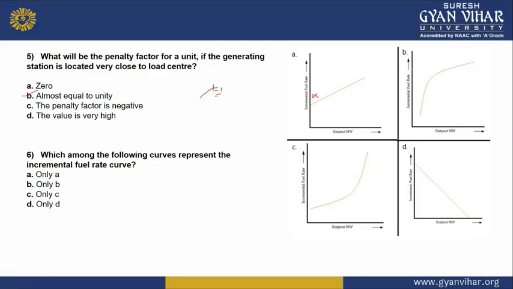Next is increasing sharply, so output megawatt cannot be like the fuel rate curve. The fuel rate curve is like that. The fuel is increasing consistently, and then we are getting the output megawatt like this. The correct option is answer C. This one. As the fuel rate curve is increasing, the output megawatt is also increasing, and then after some limits, the output is limited. Okay.